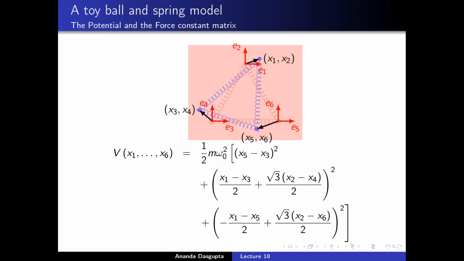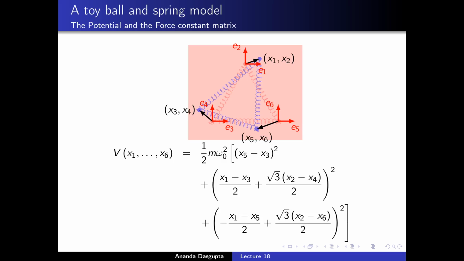Now if you look at the horizontal spring, the displacement R2 minus R1 for that particular situation is, of course, the displacement of the two lower balls, and that has components x5 minus x3 in the horizontal direction and x6 minus x4 in the vertical direction. This has to be dotted with the unit vector along the lower spring, which is entirely in the horizontal direction. So this gives you x5 minus x3. And then you square it to get the elongation squared.